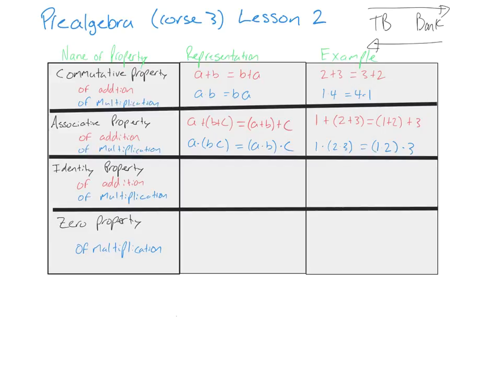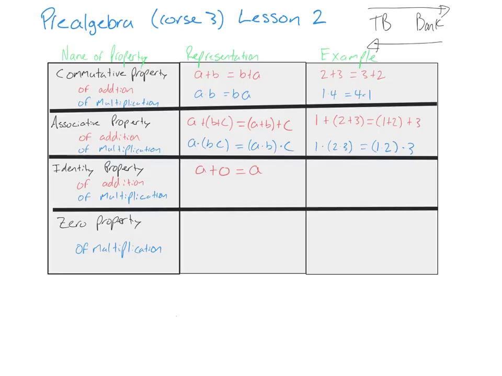If you take any number, we'll call the number A, and if you add 0 to that, you'll end up back with the original number A. So A plus 0 is equal to A. Notice you start and end with the exact same thing. That's why we call it the identity property.